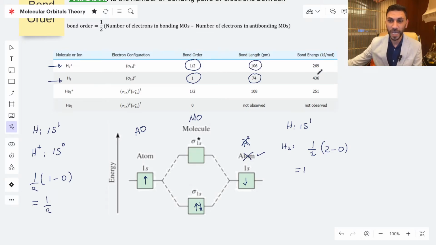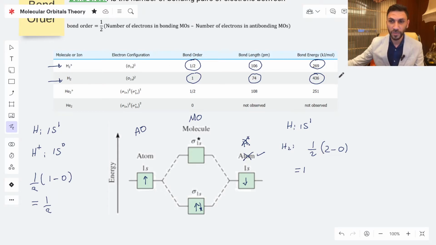And for H2, we have more energy needed for this bond to break down than in H2 positive. That means in H2, to break this bond, we need more energy. We need 436 kilojoules for each mole of H2.